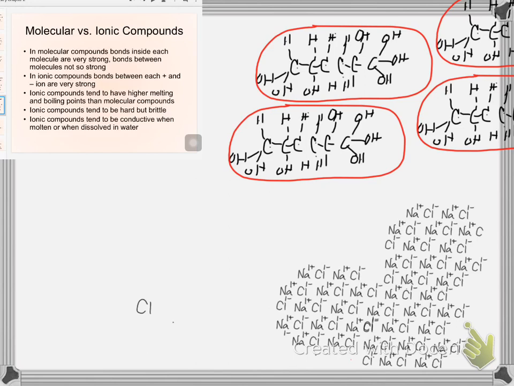In molecular compounds, it doesn't take that much energy to break the bonds between the molecules and get them to move past one another. To melt it. In the lab, when you had 3 molecular and 3 ionic compounds, well, whoops, I gave that part away, but that's okay. Did you have some things that melted at much lower temperatures?